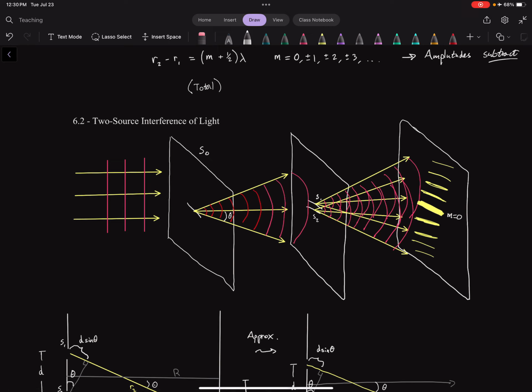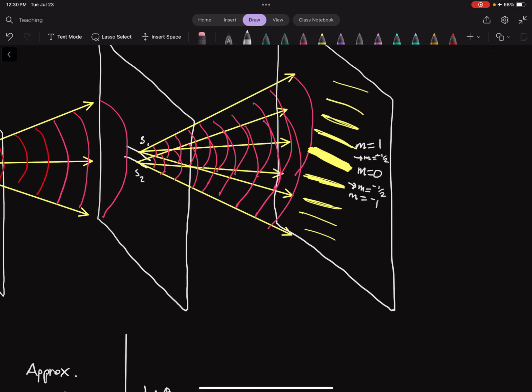And then the dark bands on either side: m equals minus a half down here, and m equals plus a half there. Then the next band is m equals 1, and here m equals negative 1. And then m equals negative 1.5, m equals negative 2, right?